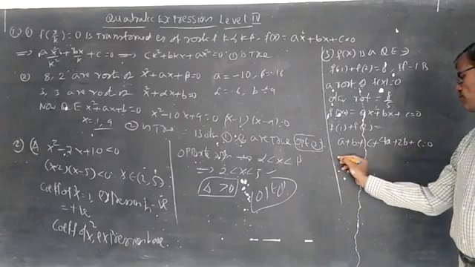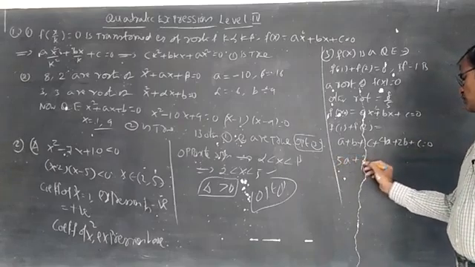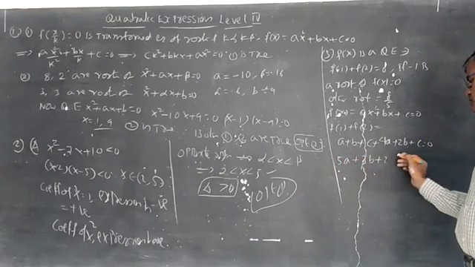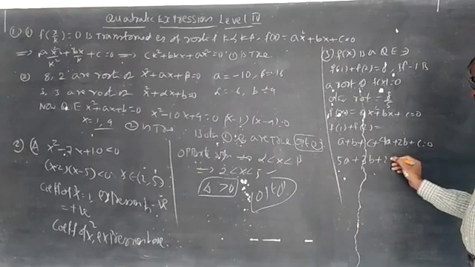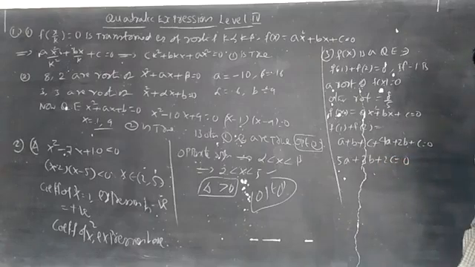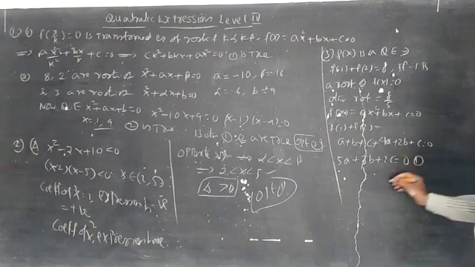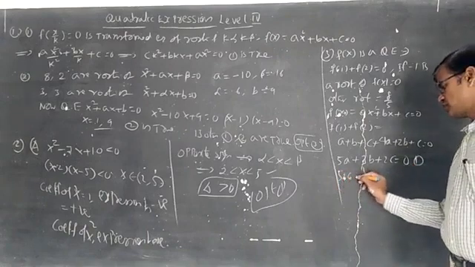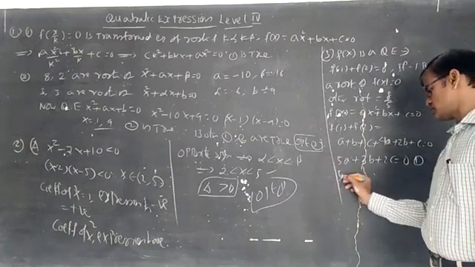We can write here 5a plus 3b plus 2c is equal to 0. This is equation 1.